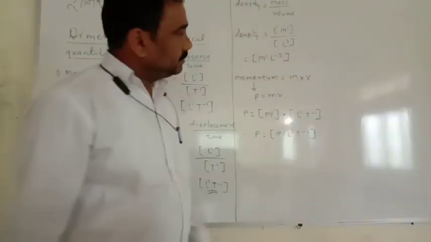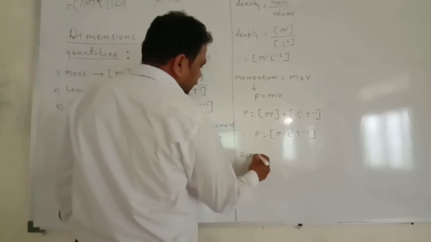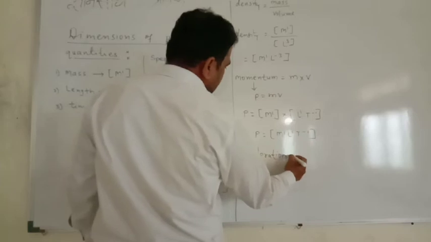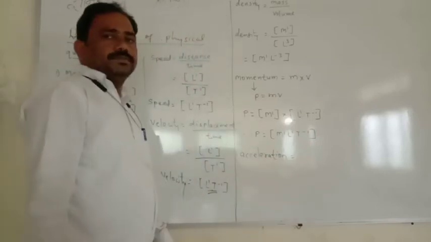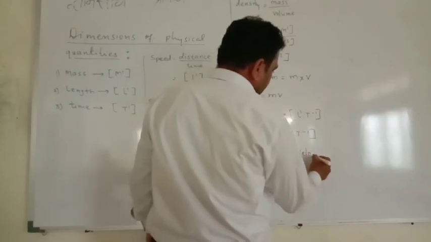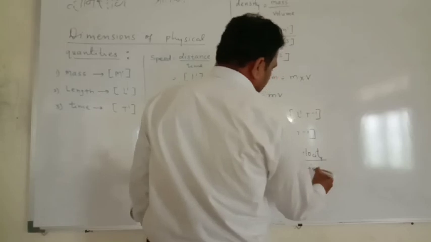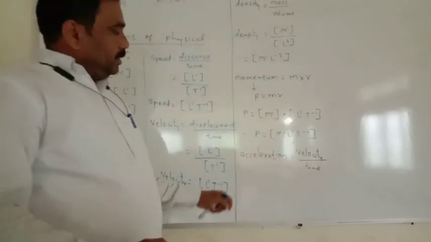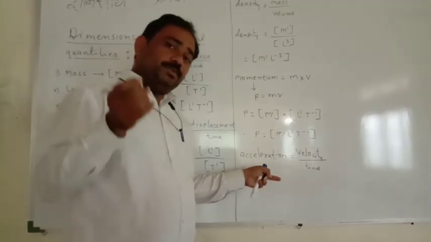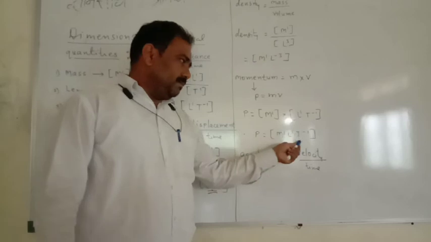Now, acceleration. Acceleration is equal to velocity upon time. Before calculating the dimension of acceleration, you must know its meaning: velocity upon time.